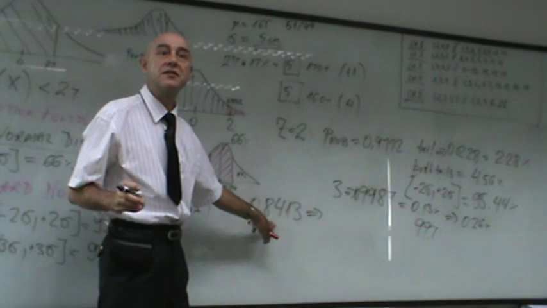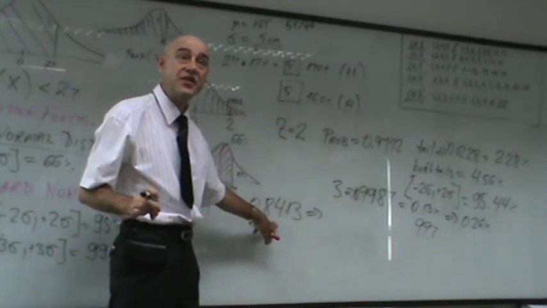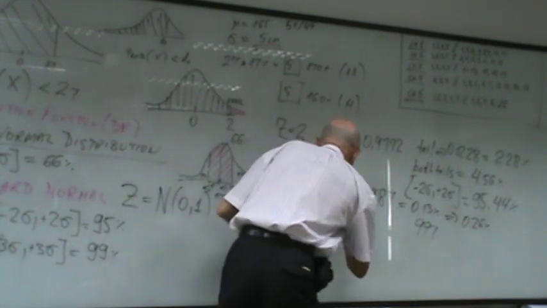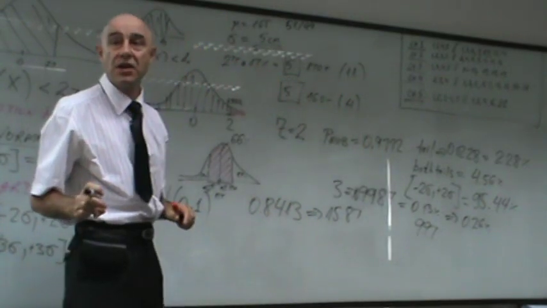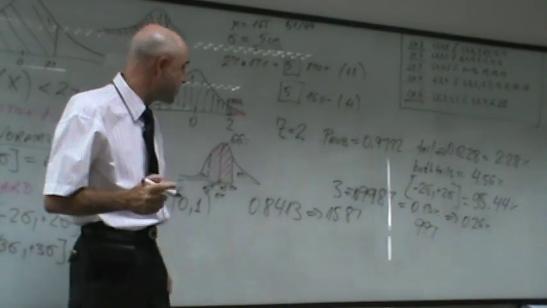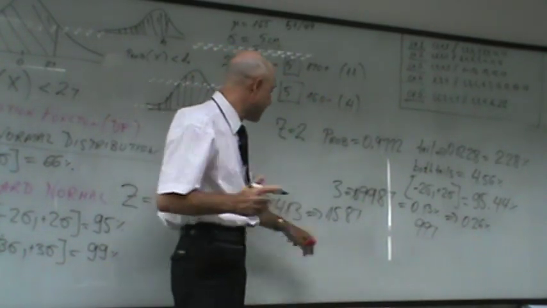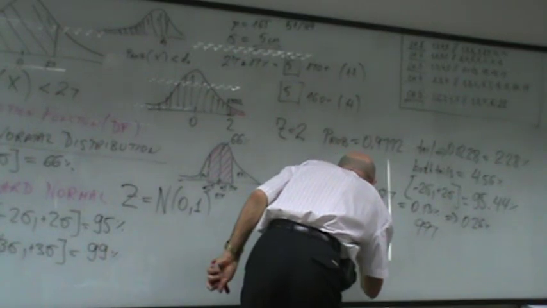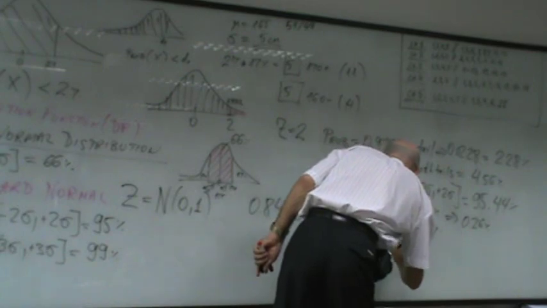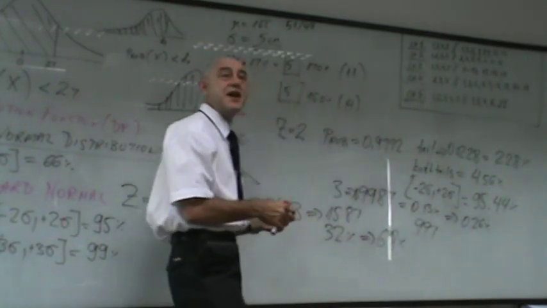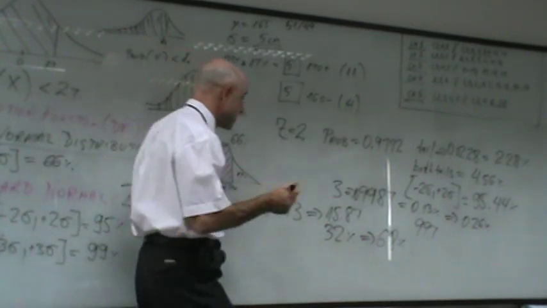The right tail is about 15.87. So for 2 tails, how much? 31.74, so it's about 32%. So it turns out that according to this calculation it's about 68%. Well, 67%.